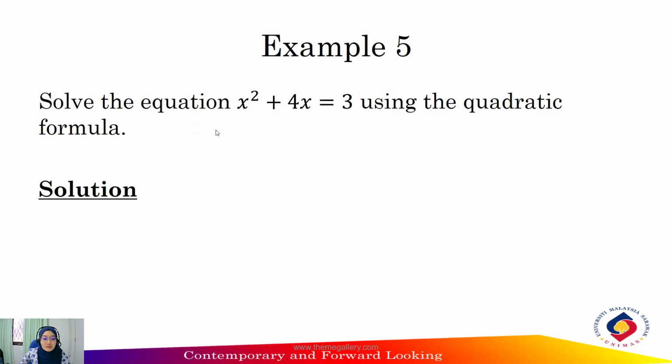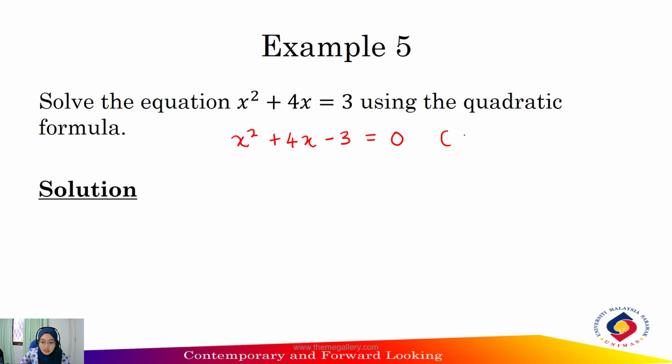Example 5, solve the equation x squared plus 4x equals 3 using the quadratic formula. Given that x squared plus 4x equals 3, first step, you need to rewrite this equation in standard form. x squared plus 4x minus 3 equals 0.